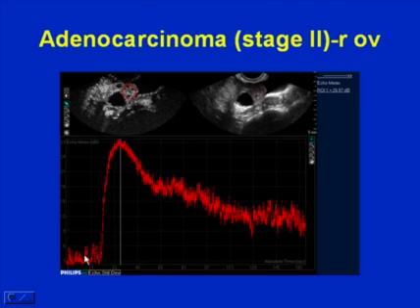As you can see here, the peak intensity is at 27 decibels, which is about 4 times higher than the others, and there's a very long dwell time, and this was an adenocarcinoma.